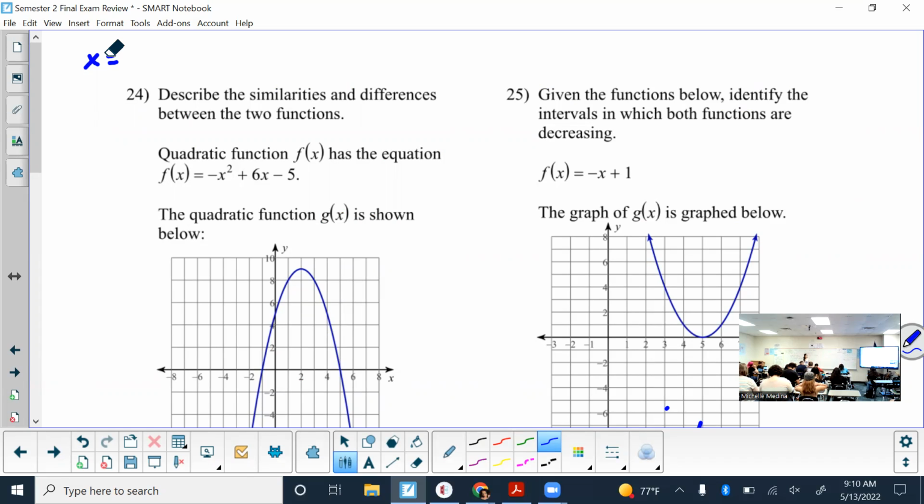So that's what it is in standard form. That doesn't help me identify my axis of symmetry though. Formula for axis of symmetry.